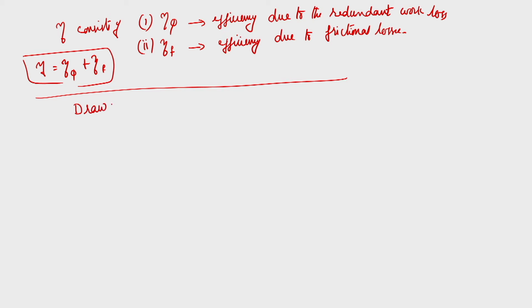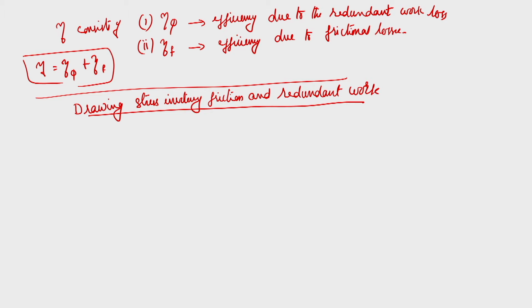Okay. What are the things? You will find that several expressions have come up, because earlier our derivation was simple, we did not consider friction and redundant work. We also discussed how in a wire drawing operation we can find the redundant work from a simple stress strain curve of a fully annealed wire, and of a material which has been drawn to this particular reduction, and from that, if you shift it and superimpose it, how much it comes.